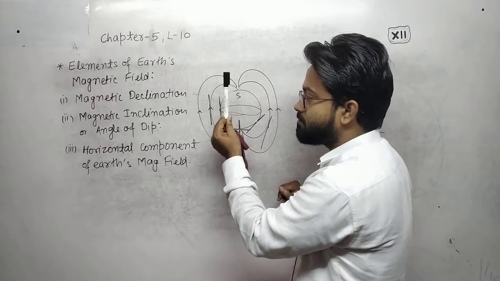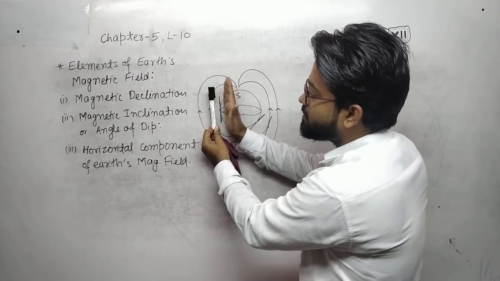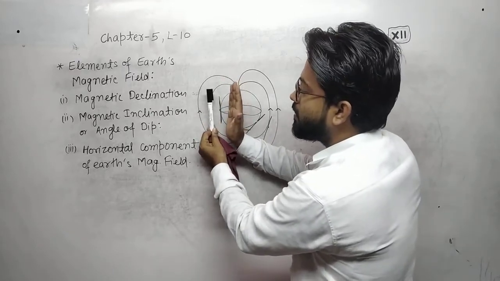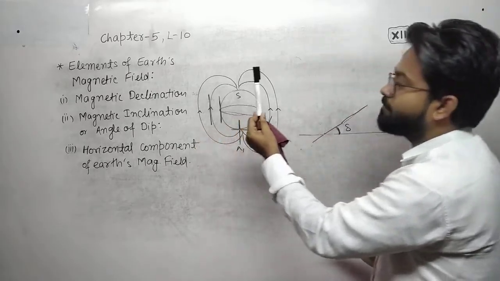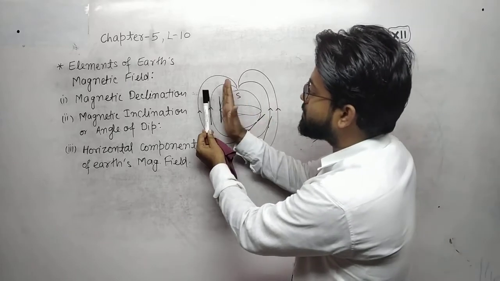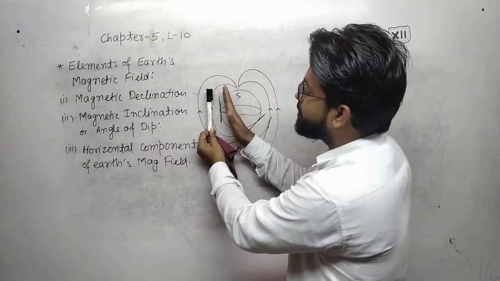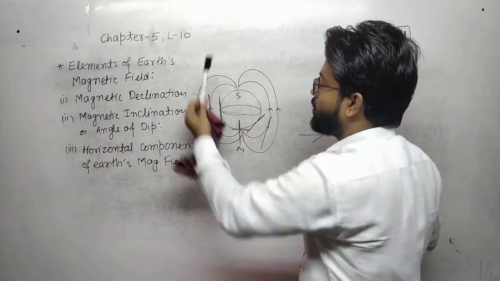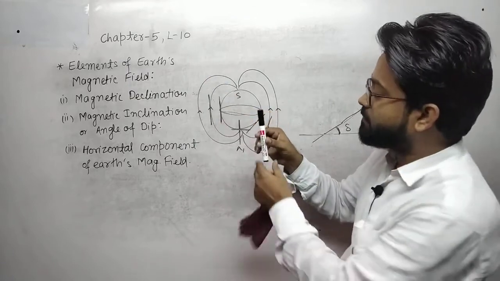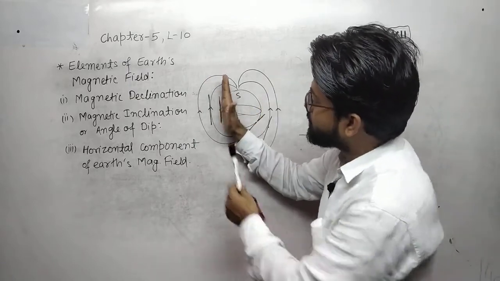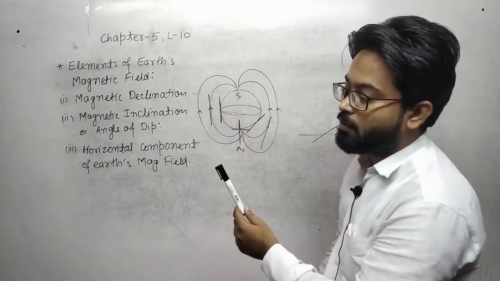The angle between the magnetic needle placed in the Earth's magnetic field and the Earth's surface is the angle of inclination or angle of dip. As we go toward the south pole and toward the north pole, the angle between the Earth's surface and the magnetic needle will vary.